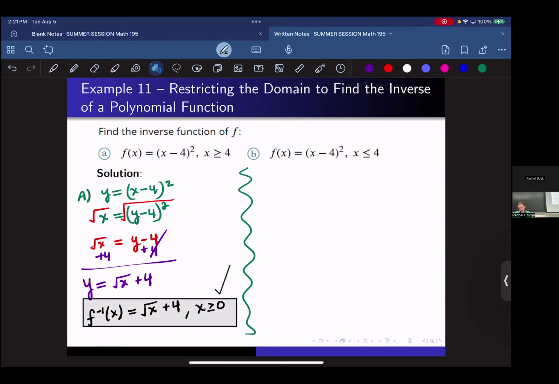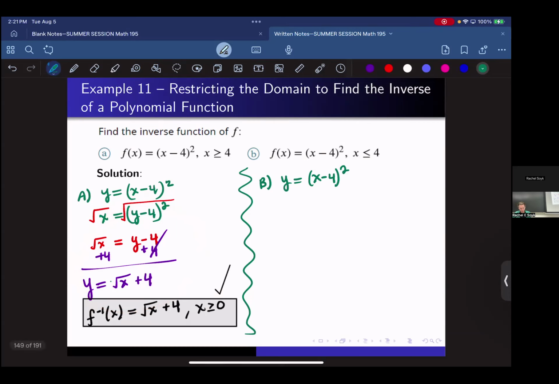Right, part B. y is equal to (x minus 4) squared. And now that's looking at the negative when x is less than or equal to 4. So we're just breaking up the two different functions, so we don't have to do the math for this all over again.